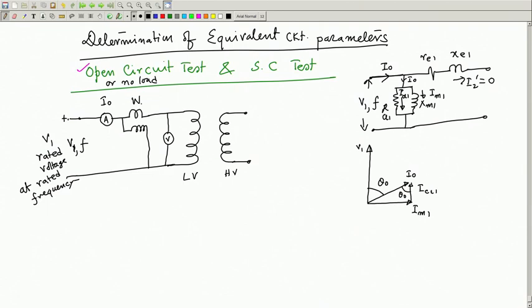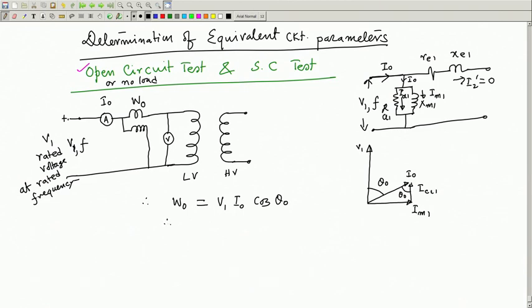And the wattmeter reads W naught. Then this wattmeter reading must be equal to the voltage applied across its pressure coil, that is V1, times the current flowing through its current coil, that is I naught. Let us assume the wattmeter to be ideal, with its losses neglected: W naught equals V1 I naught cosine theta naught.